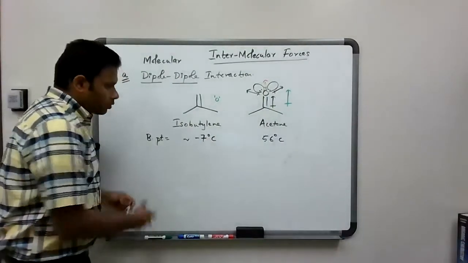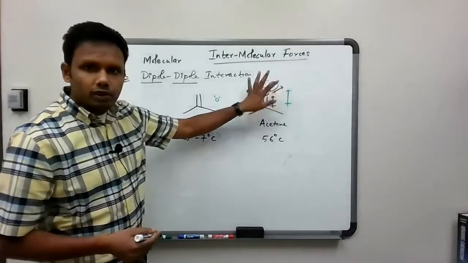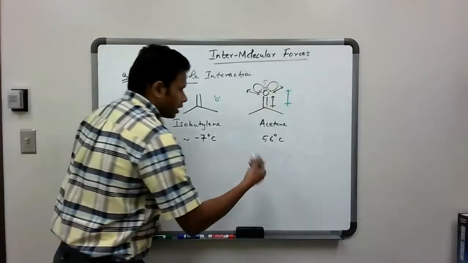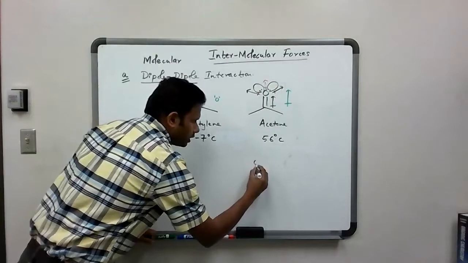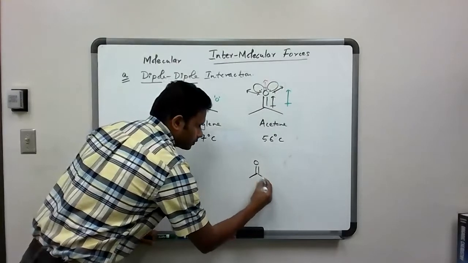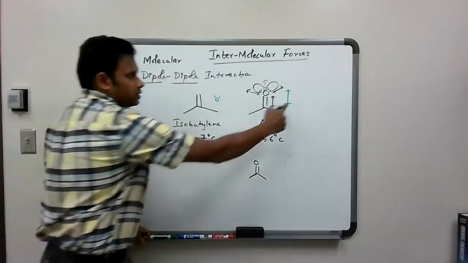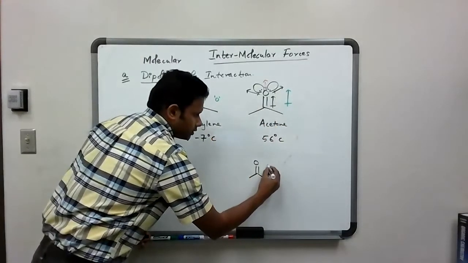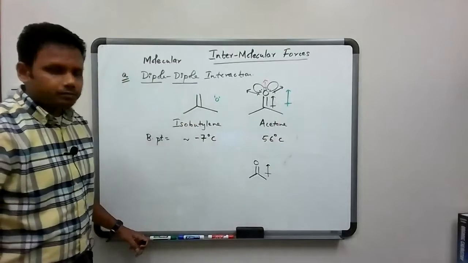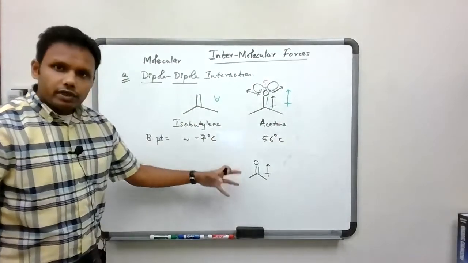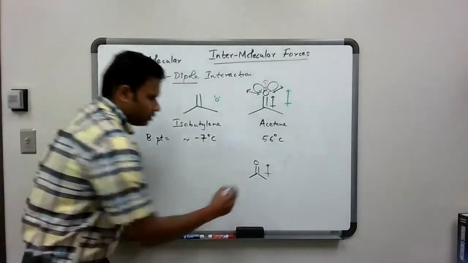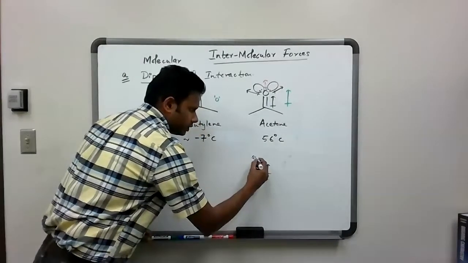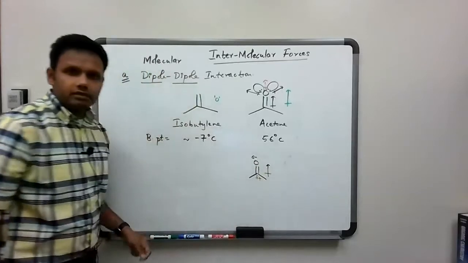So now the question is, if this acetone molecule has a permanent dipole in it, and I'm going to just draw the acetone molecule like that, and since the molecular dipole is pointing up, I'm going to say that there is a dipole like that. So when you have one acetone molecule, this carbon is partial positive, the oxygen is partial negative.